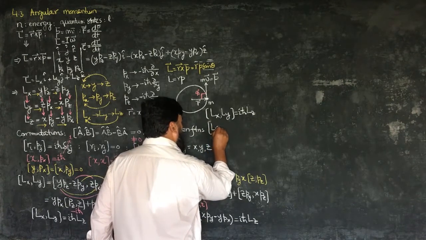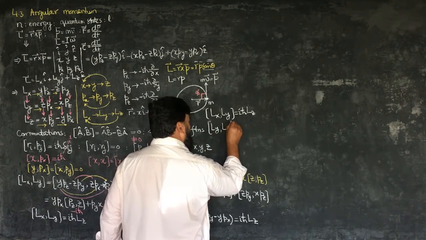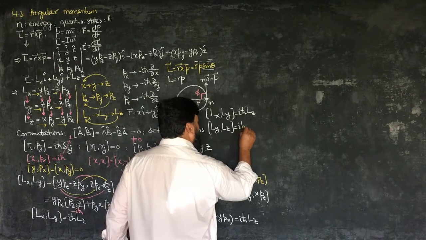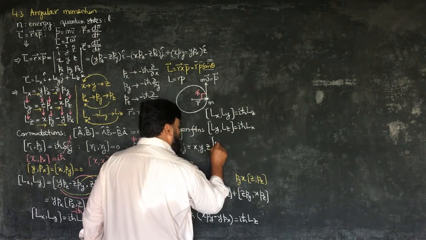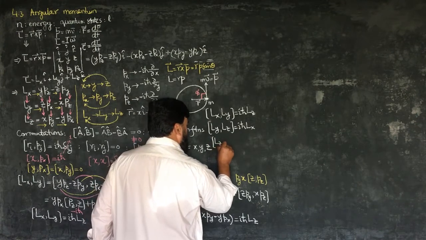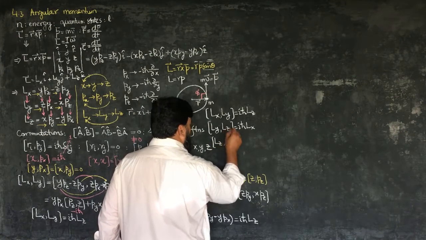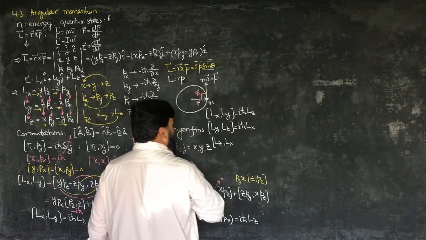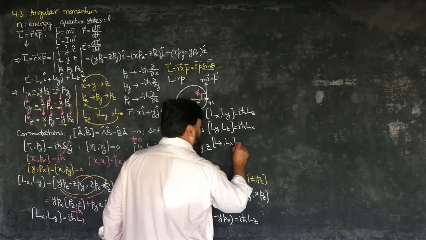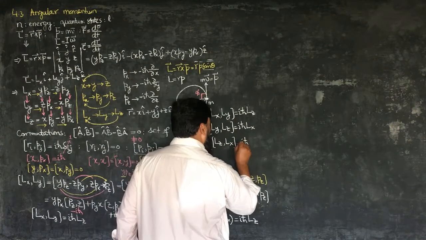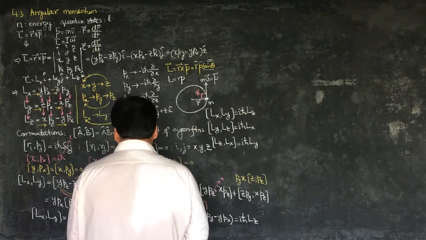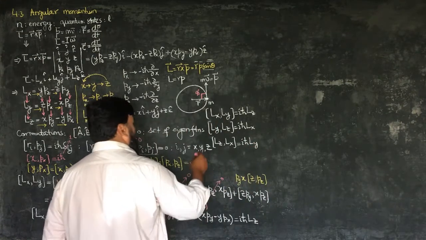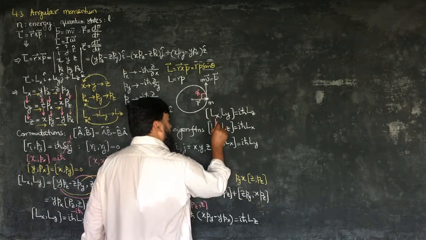Similarly, if I take ly and lz, then this will be ih bar lx, and when this will be lz with lx, then this will be equal to ih bar ly. So these commutations are also cyclic like the previous.